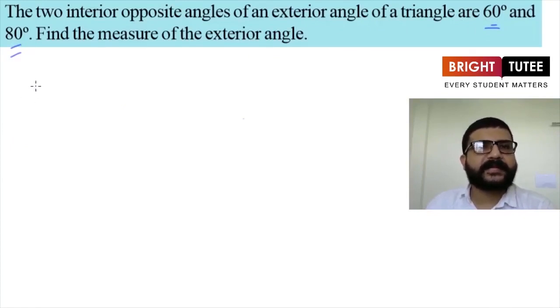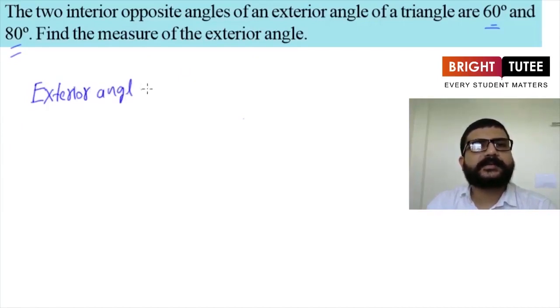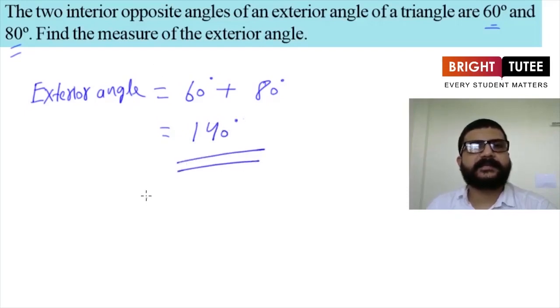Now by exterior angle sum property we know that exterior angle is equal to sum of opposite interior angles. So it means this exterior angle is equal to 60 degrees plus 80 degrees, and this will give us 140 degrees. Hence, the exterior angle will be 140 degrees. So the answer to this question will be 140 degrees.